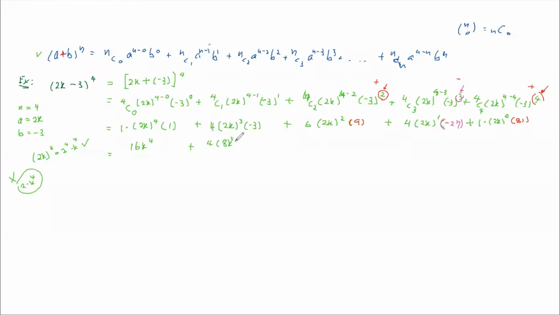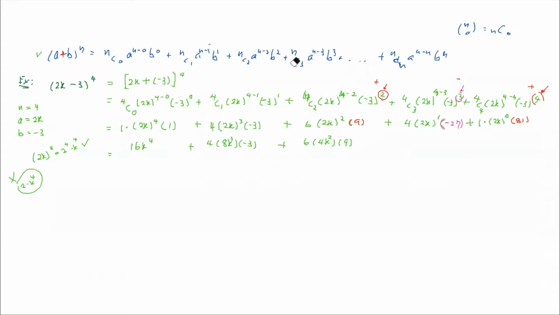So this one, 2x power 3 times negative 3x, becomes 6 times 2x power 2, which becomes 4x power 2 times 9. Plus this one, you see, this one is plus, right? This is plus, and this is a negative. Negative times plus, this one has to be a negative sign, correct?